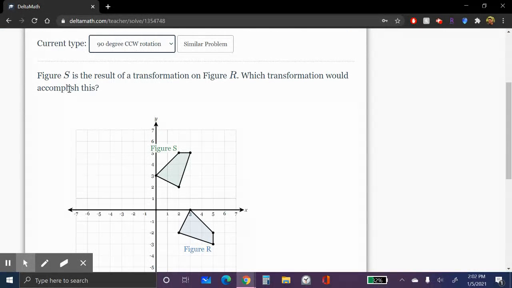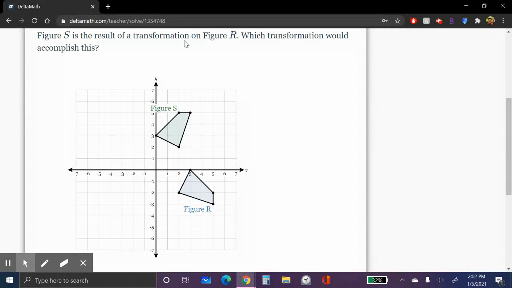So figure S is the result of a transformation on figure R. All right, so I'm going from R to S. And it looks like it's turning.